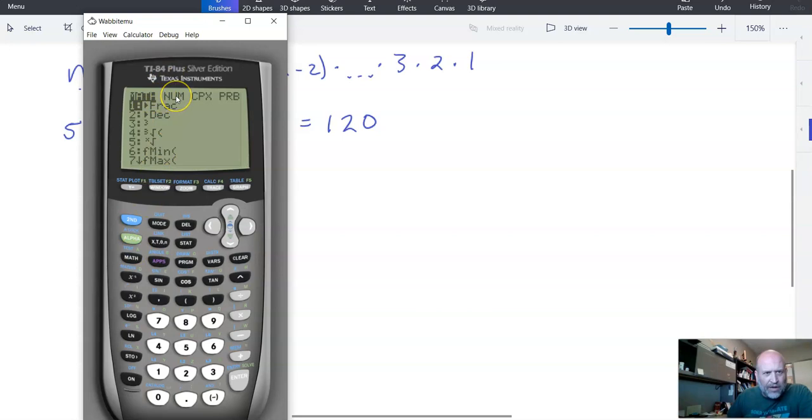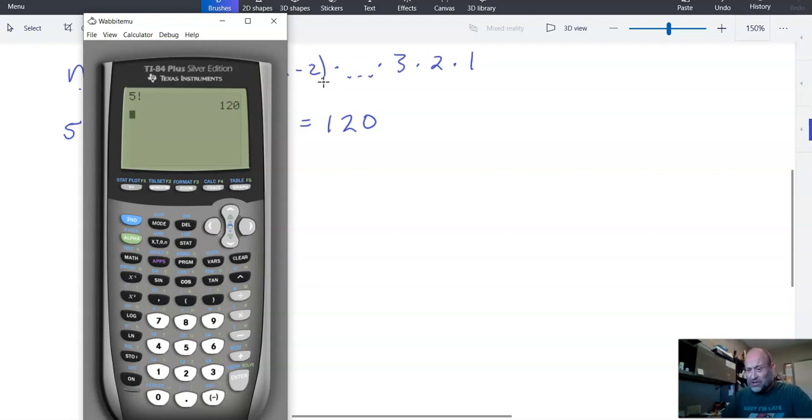And we're going to move across the top to probability. See where it says PRB? We're going to move across there. And you notice the fourth entry is your exclamation point, right? So now we have 5 factorial, and we should get 120. This is actually a really good test to make sure you can plug it into the calculator correctly. 5 factorial should give me 120.